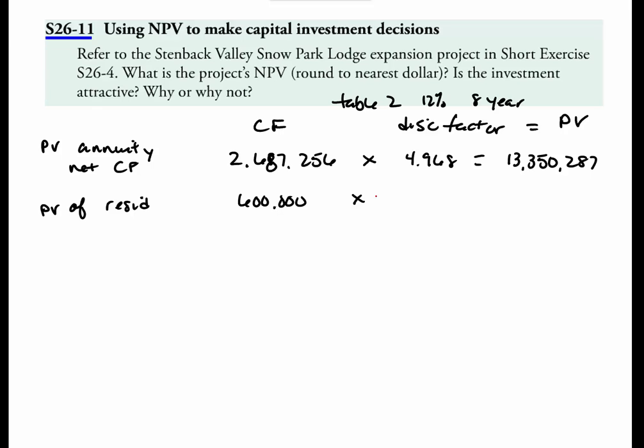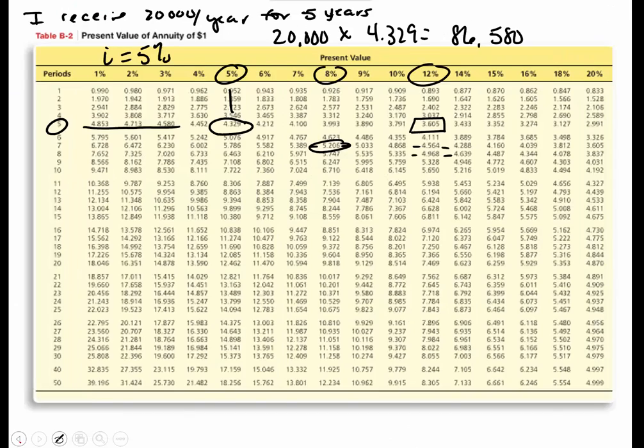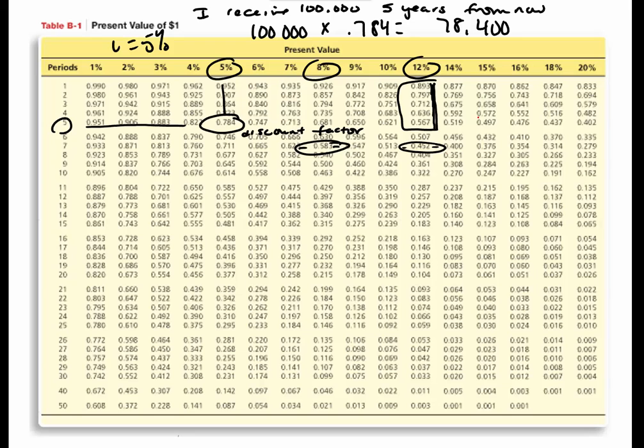That's going to be Table 1, and I'm going to use the 12% in the 8 years. And say, all right, getting that $600,000 at the end of this, at year 8, is going to be worth, that's 0.404 right there. 12% in 8 years.